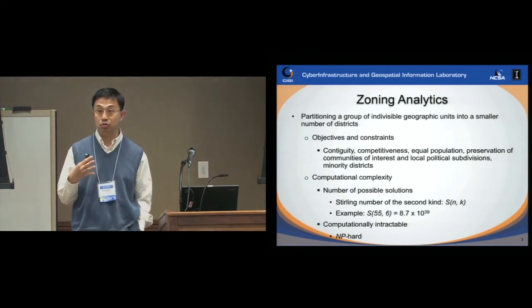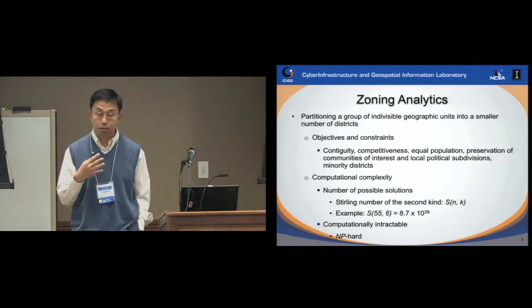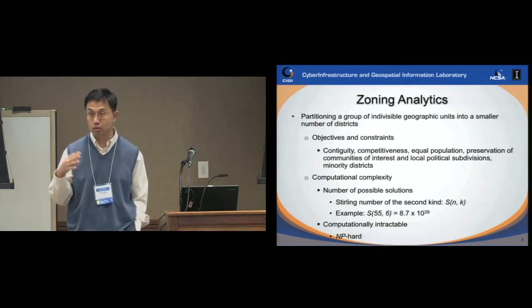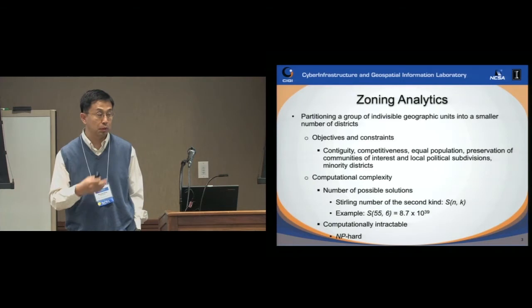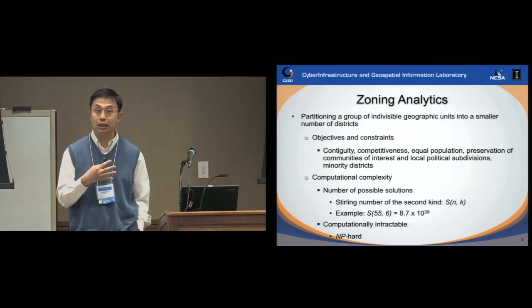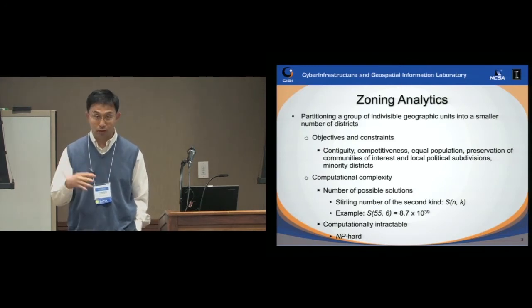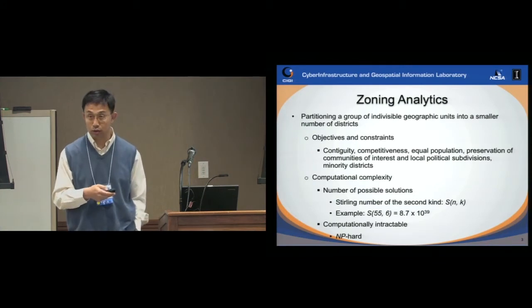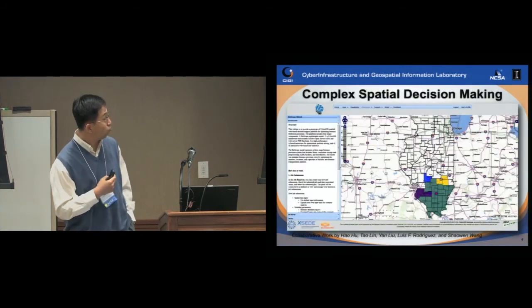And the problem has attracted attention from political scientists, geographers, operational researchers, GIS people, geographic information systems, because this utility has been implemented as a GIS tool all across the board, used by many users to figure out the best solutions representing their interests.